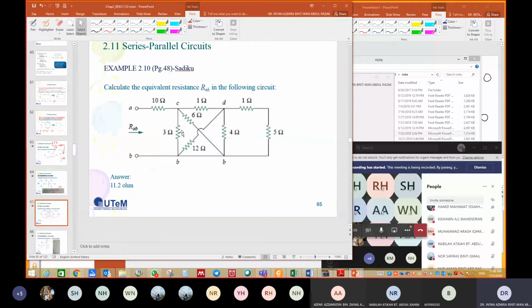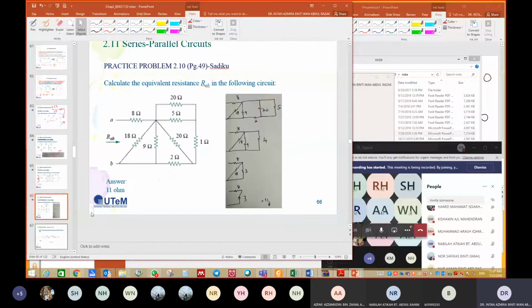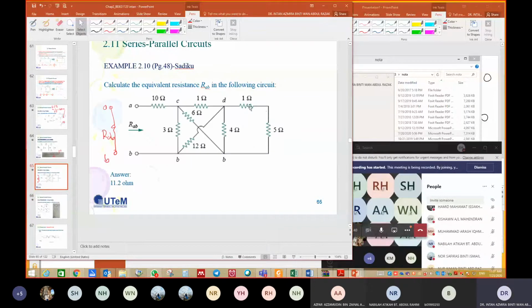Okay, now the other example, calculate RAB. RAB is the R equivalent of the circuit. This one is A. This one is B. So this is our AB. Okay. So we start with the right side. How? 1 plus 5 we get 6, right?